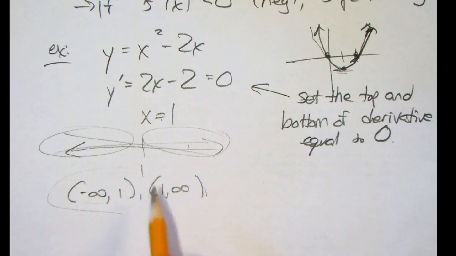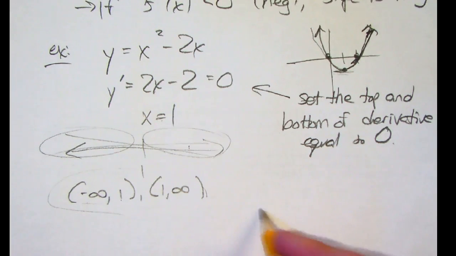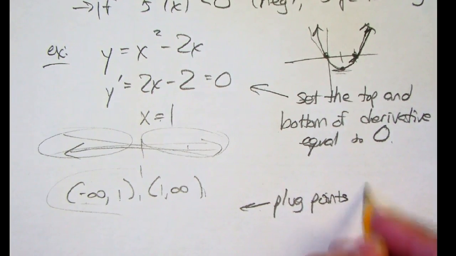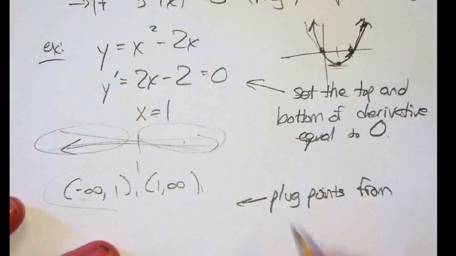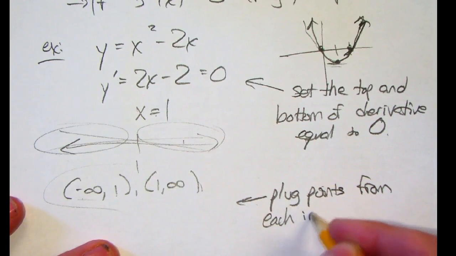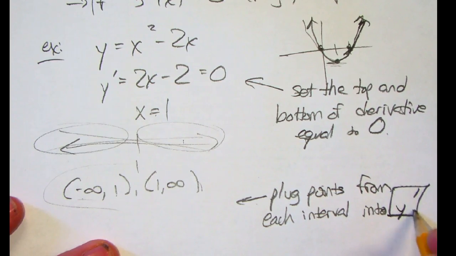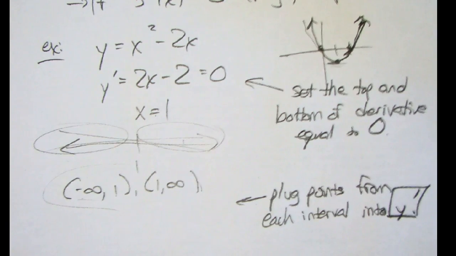Now what we're going to do is take a point between these 2 points. So some point in between, any x value in between negative infinity and 1. And you're going to plug points from each interval into y prime. Because what does y prime tell you? It tells you slope.